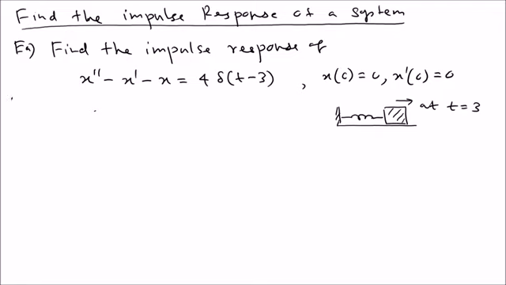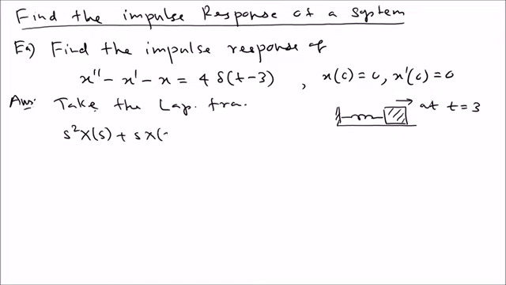So what we normally do, just the same procedure. Take the Laplace transform. So you get s squared X of s minus s X of s minus X of s equals, okay, let's write the Laplace transform of that. We know that it's just e to the minus whatever the number is, 3s. Very simple. Initial conditions are 0, so you don't get those terms.